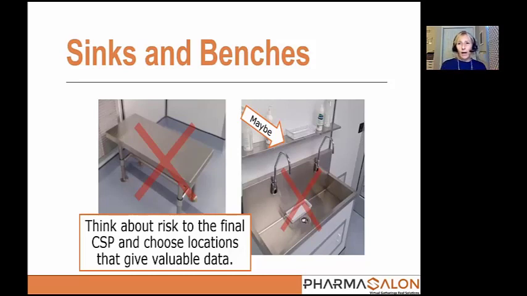But this is also why the 2019 chapter talks about cleaning the sink daily, so we're mitigating the risk from those microorganisms. So USP is trying to help you out with those contamination sources in that ISO class 8 ante-room. So we're working through that a little bit.